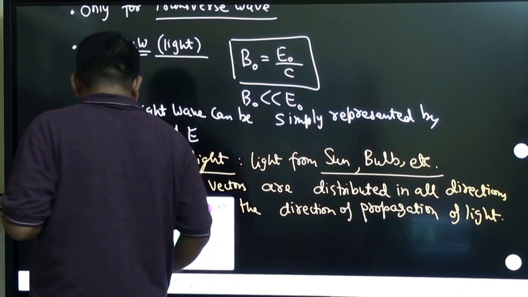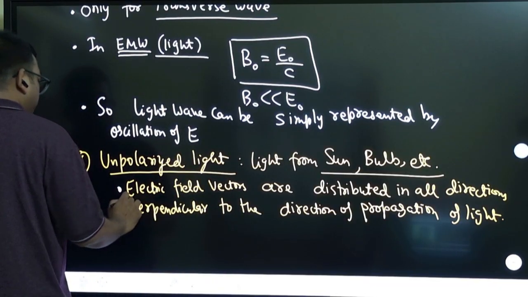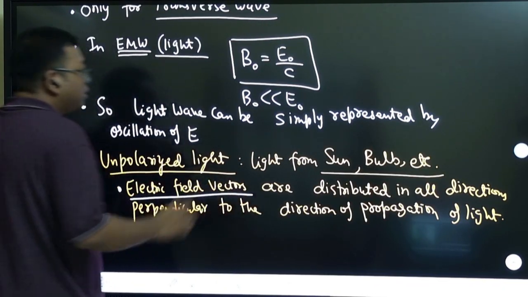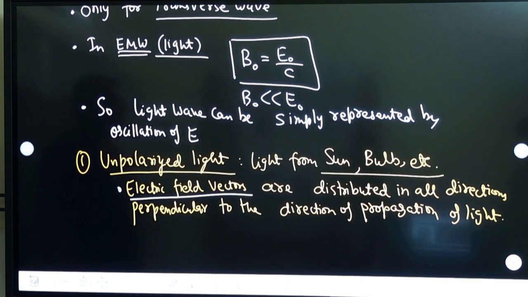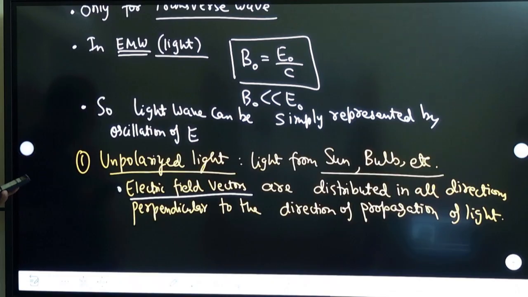So that is the meaning of unpolarized light. If the electric field vectors are distributed in all directions perpendicular to that, that is called unpolarized light.